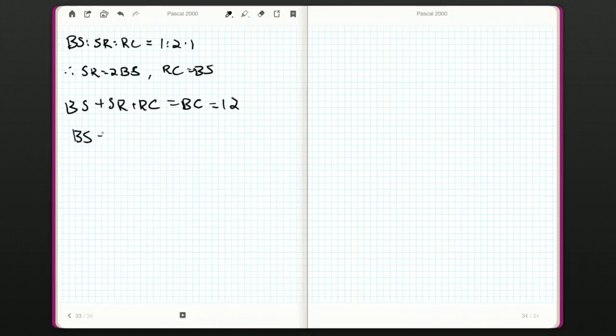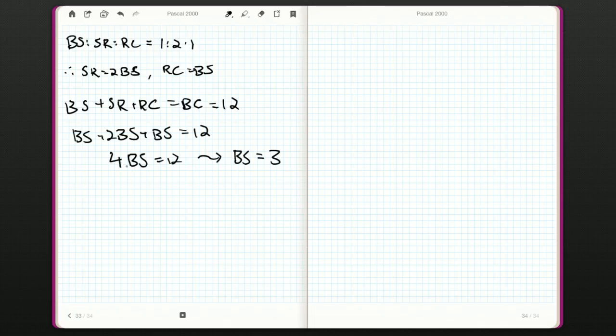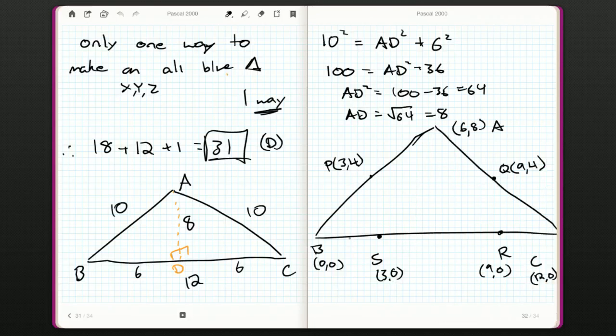So BS plus 2BS plus BS is equal to 12. Well, that's 4BS is equal to 12. And therefore, BS is equal to 3. 12 divided by 4. Okay? So I was correct earlier when I made the statement that this is going to be a 3 over here.